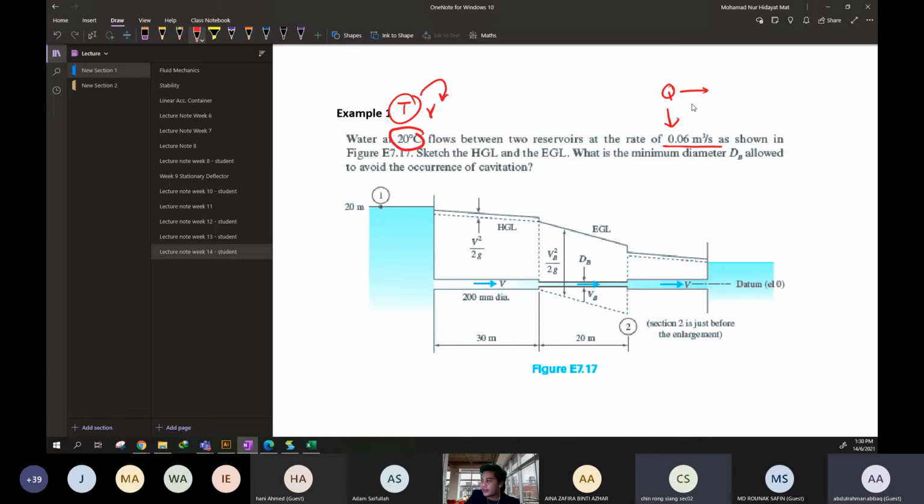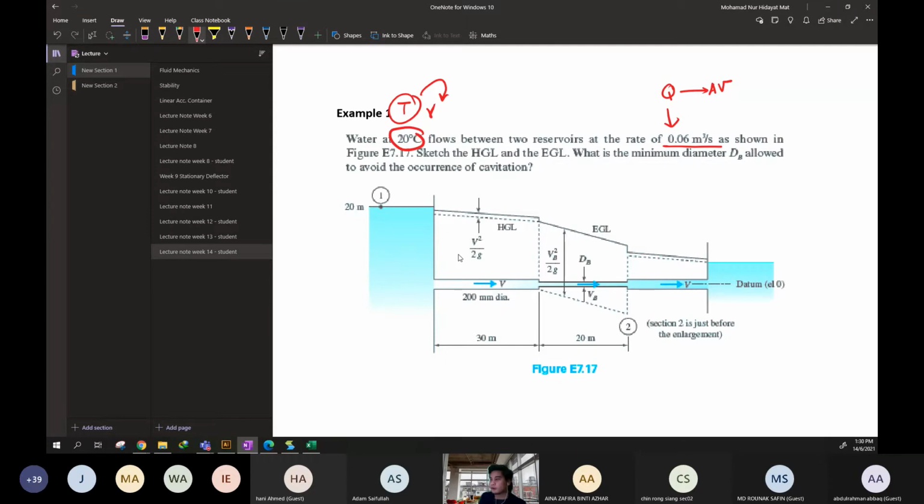Yes. They give you the flow rate so that you can find the velocity. You can see it is an indirect question. From the AV as shown in the figure here, sketch the hydraulic grade line and EGL, and what's the minimum diameter allowed to avoid the occurrence of cavitation.